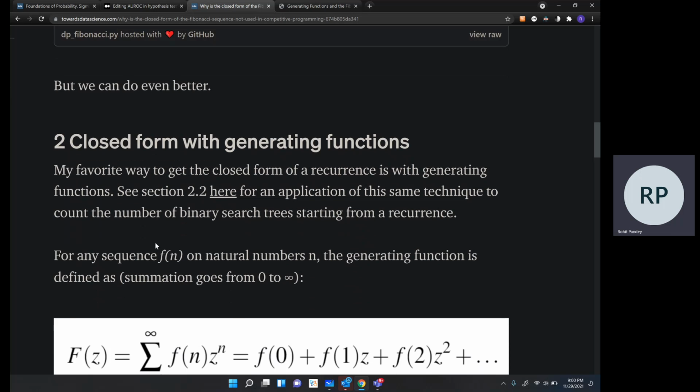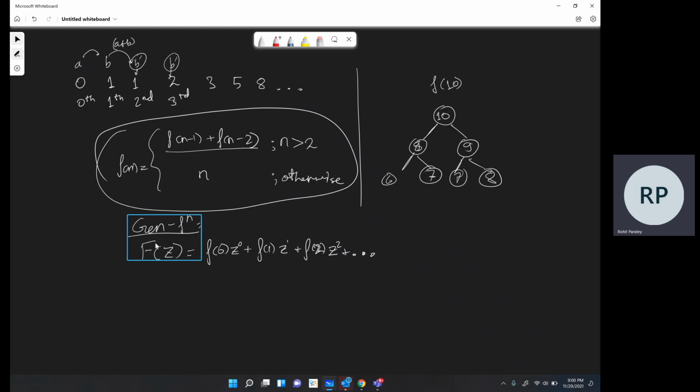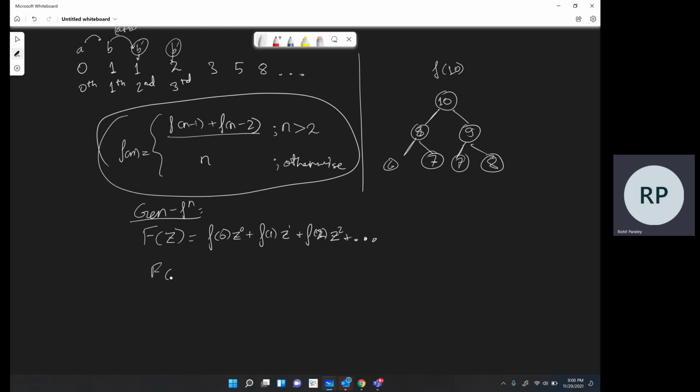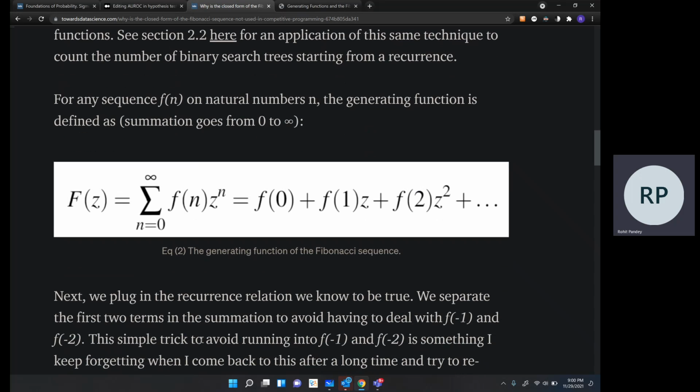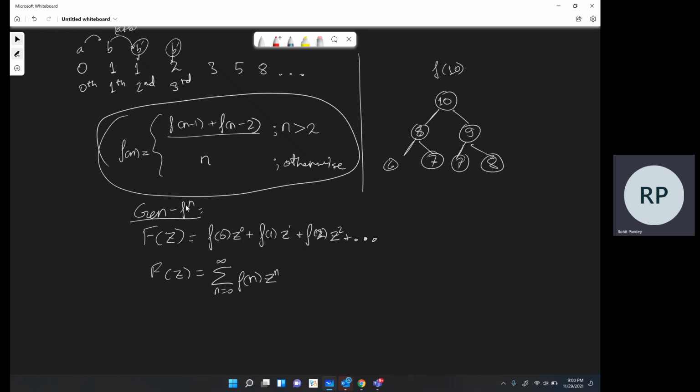And then we can write this more succinctly as capital F of z equal to the summation of f of n times z to the power n, with n going from 0 to infinity. And that's what you see here. And then what we can do is just plug in this recurrence, right?